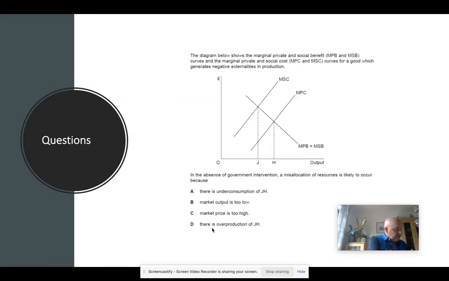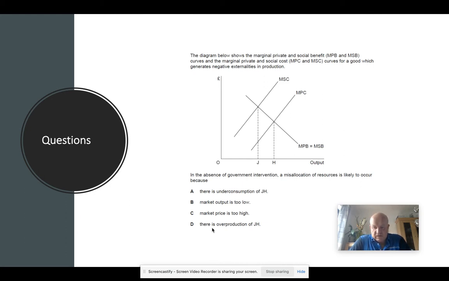Moving on to pages 18 and 19, a couple of example questions using the principles of what we just talked about, this principle of marginal private and social benefit. Remember that MPB is the marginal private benefit and MSB is the marginal social benefit.